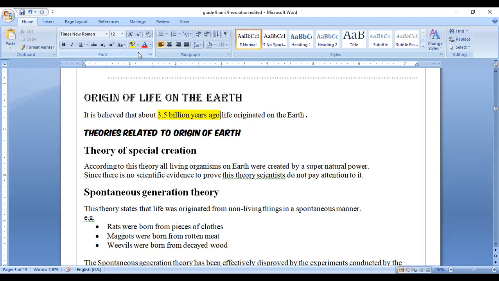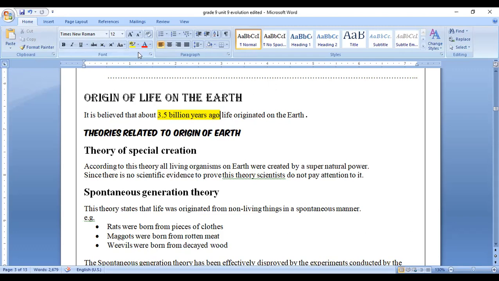That means earth originated 4.5 billion years ago, and 3.5 billion years ago only life originated. So for that 1 billion years in this world, there was no life. Am I right?